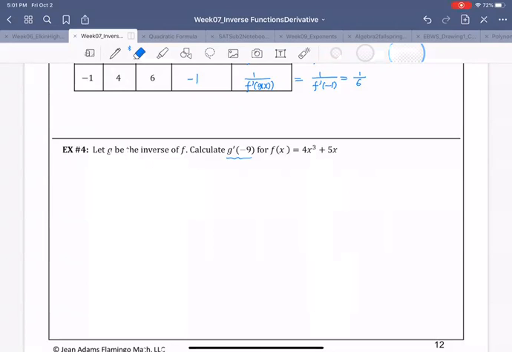Okay, hold on. f prime of x is 12x squared plus 5. Hold on. g prime.